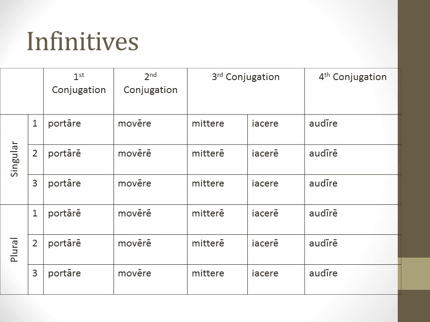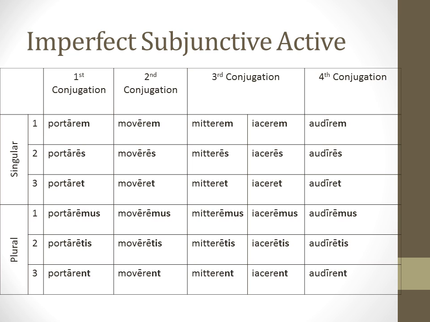Throughout the whole chart, all we do to make that imperfect active subjunctive is add M, S, T, mus, tis, nt. And then again, translation-wise, for any of these verbs, it's I, you, he, she, it, we, y'all, they, were carrying, moving, sending, throwing, hearing. So the was or were and then the -ing, imperfect subjunctives.